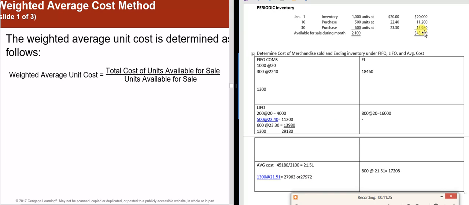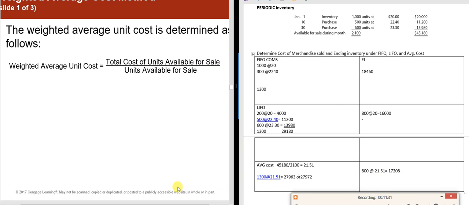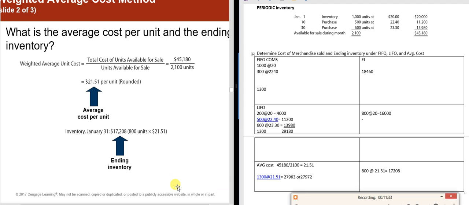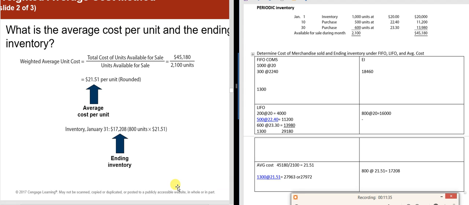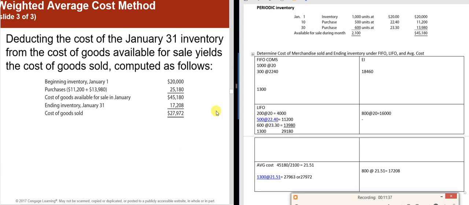Or you could take 45,180 minus the 27,963 and back into the other one and get a little different. But anyway, I'm not too worried about rounding issues. Okay, so there's 21.51. They have 17,208. They back into the other one, 27,972. Again, I'm off a little bit due to rounding. Okay, so that is periodic inventory.